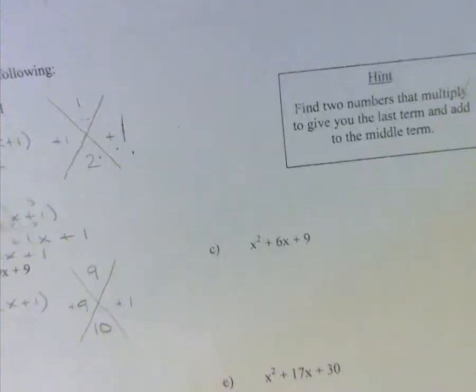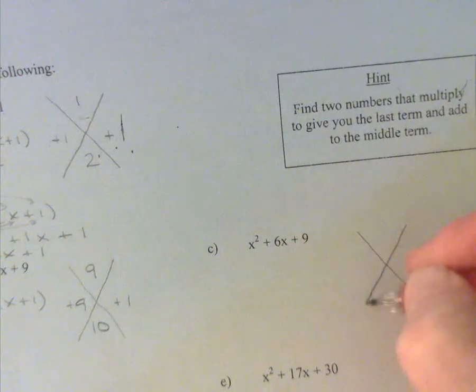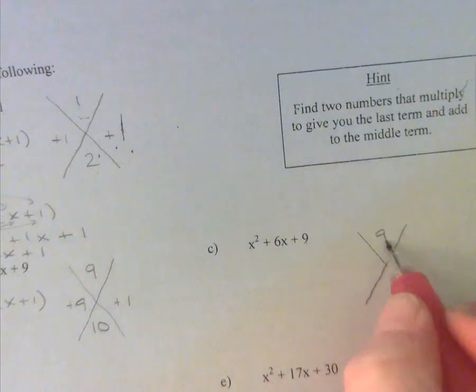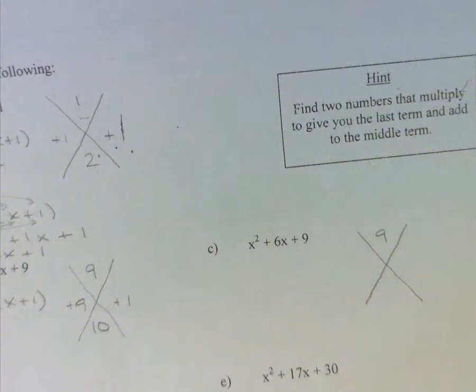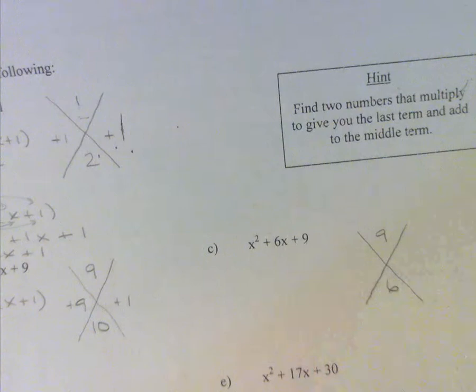Let's try it again. So I'm looking for two numbers that multiply to 9. So I'm going to put 9 there, which is the last term, and they add to the middle term, which is 6. So again, I look at the combinations that multiply to 9.